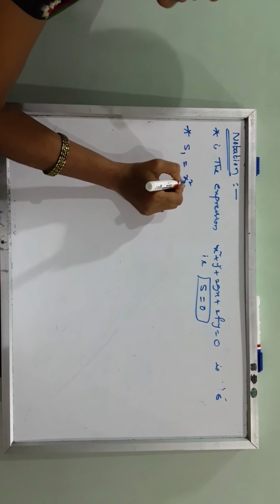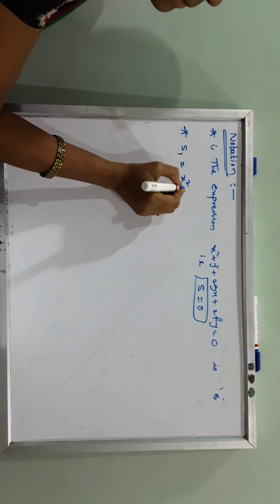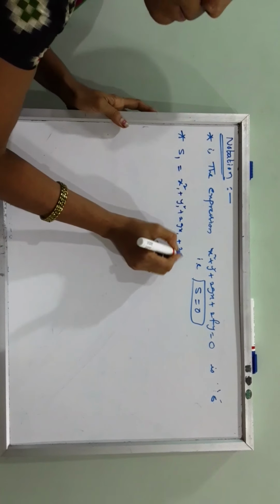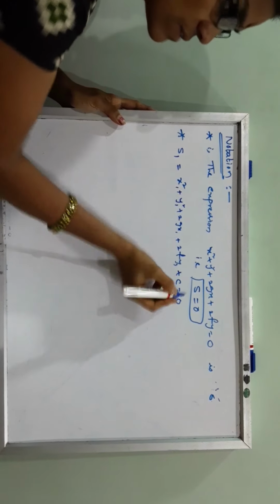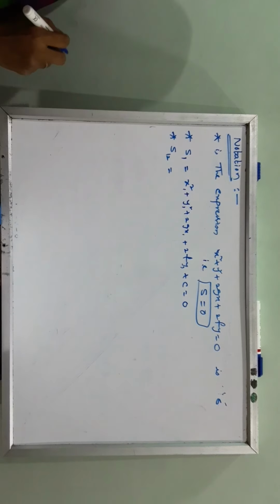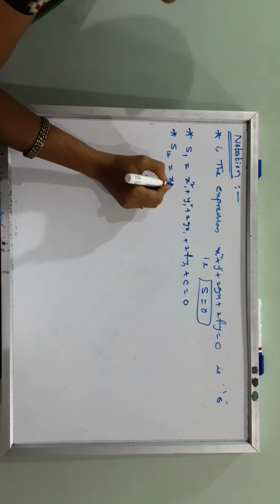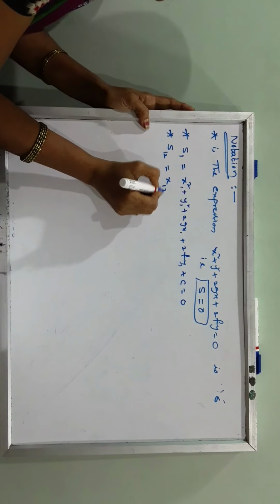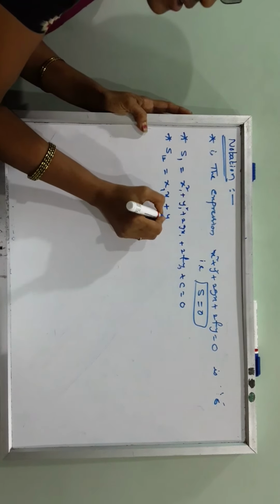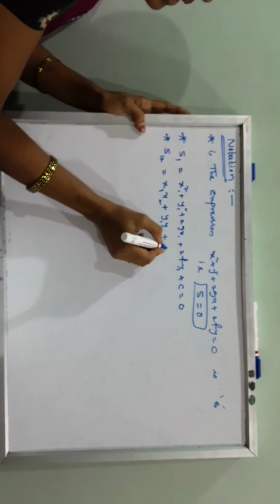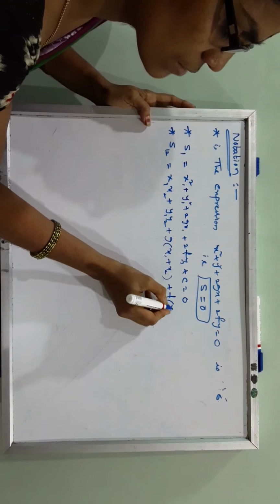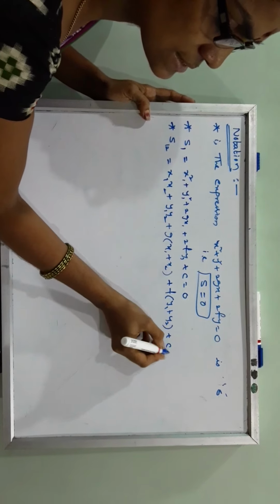S1 is x1 square plus y1 square plus 2gx1 plus 2fy1 plus c is equal to 0. This is the second notation. The third one is S12. S12 means x1 x2 plus y1 y2 plus g of x1 plus x2 plus f of y1 plus y2 plus c is equal to 0.